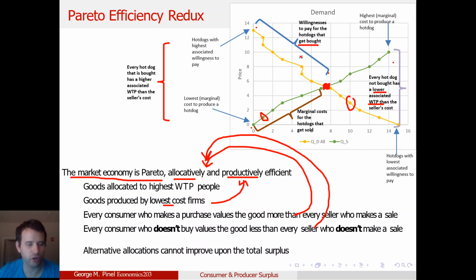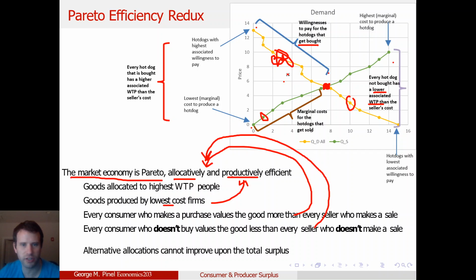Okay, and you're decreasing the total consumer surplus by doing so. If you were to take this guy's willingness to pay minus the price he pays for the hot dog, it would be lower than the difference of, let's say, this guy minus the price paid for a hot dog. Okay, even if we were to lower the price below equilibrium for this guy, there's a higher individual consumer surplus for this guy over here.